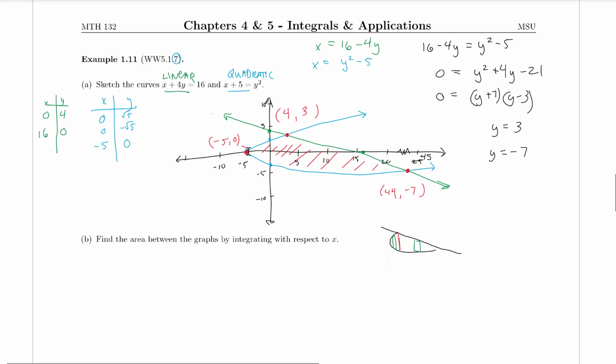From negative 5 to 4, we're using just the parabola right here. But from 4 to 44, we're using the linear function and the parabola.